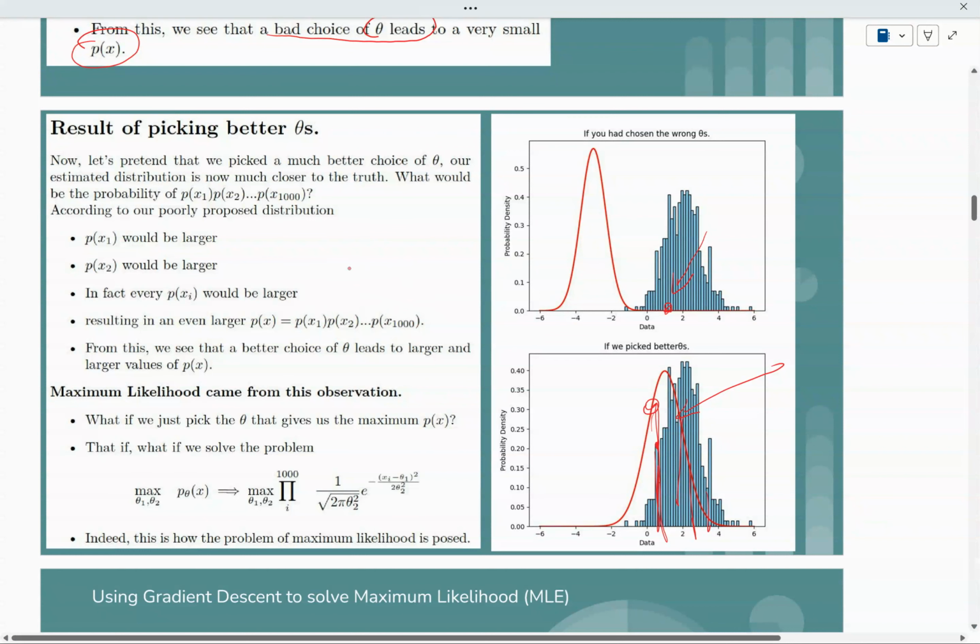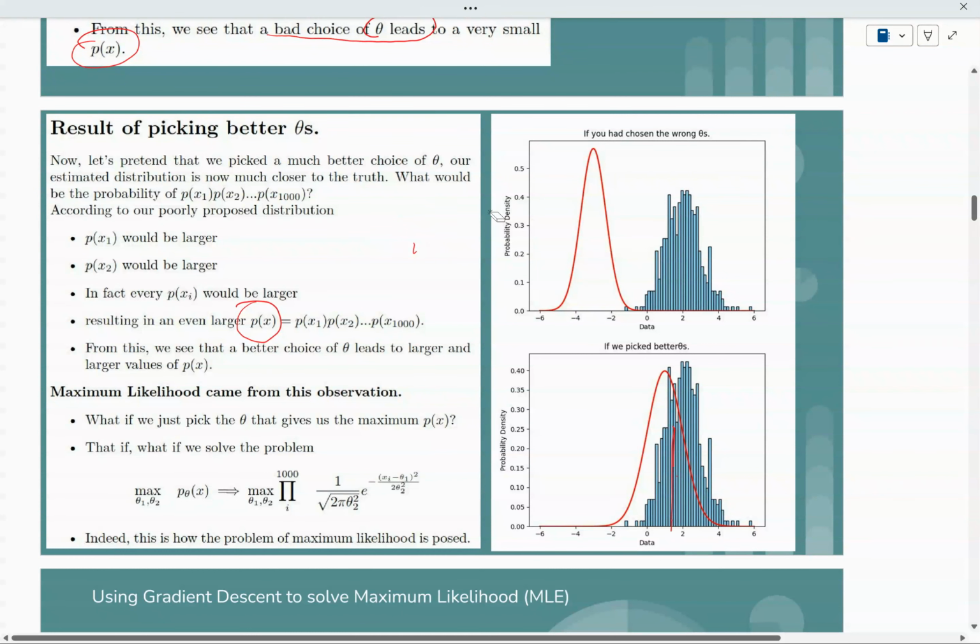So a bigger number multiplied by a bigger number multiplied by a bigger number, then p of x, the joint distribution, must be a much larger number as well. So this observation basically tells us that the better mu and sigma we pick, the larger the joint distribution, the more likely that these events actually happen.